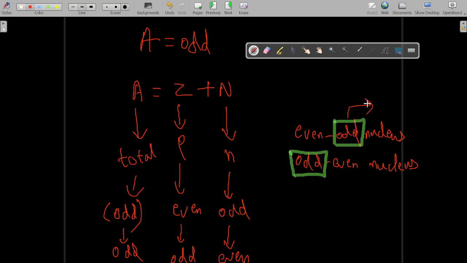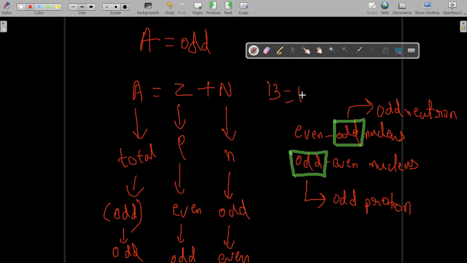In this case what will decide the magnetic moment? The odd neutron. And in this case? The odd proton. Because suppose the odd number is 13, then what will happen? 13 is equal to 12 plus 1.